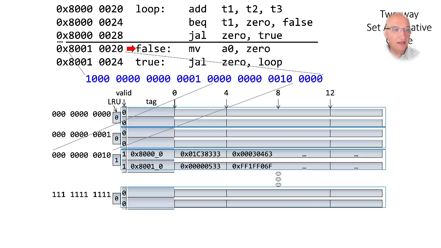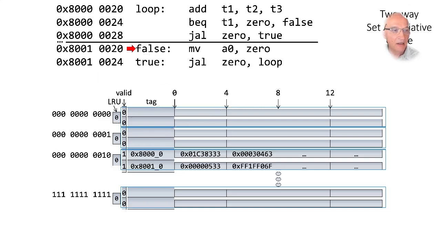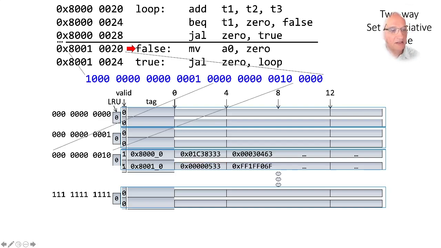And now I can execute the move instruction. It will be a hit. And by the way, if I go back in the slide a bit, notice that when I do this access, that I store that new word into the way 1, I changed my least recently used bit from 1 to 0, because now the least recently used way in the set is the way 0.